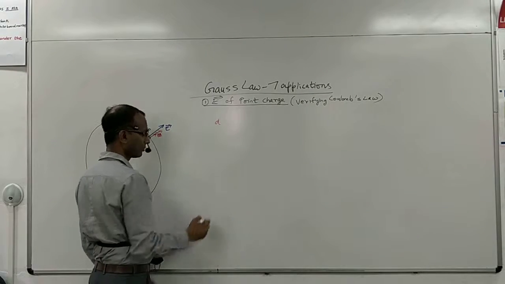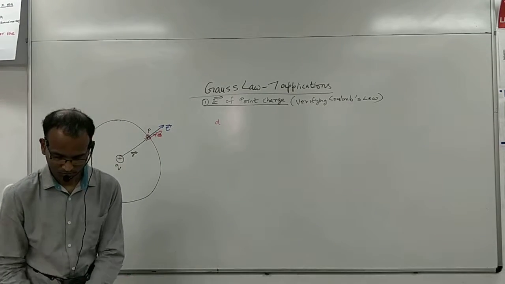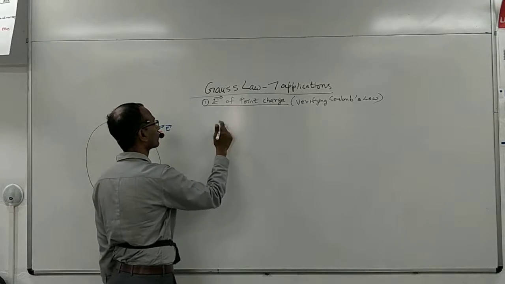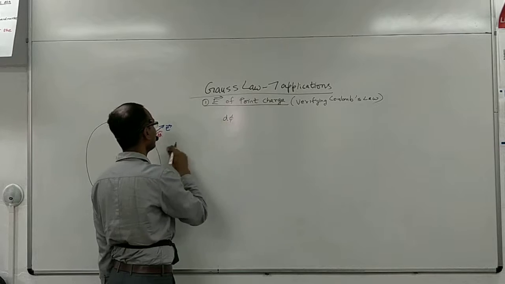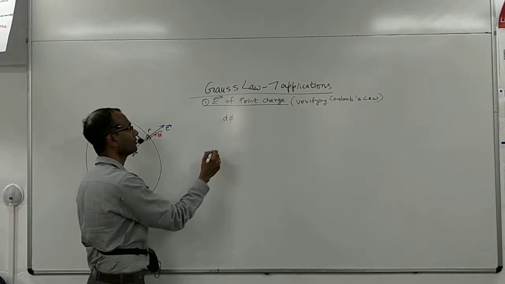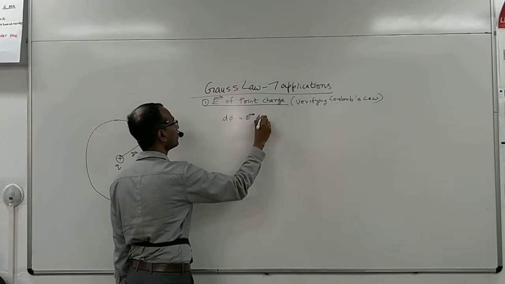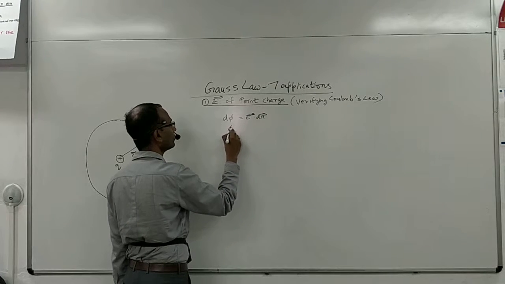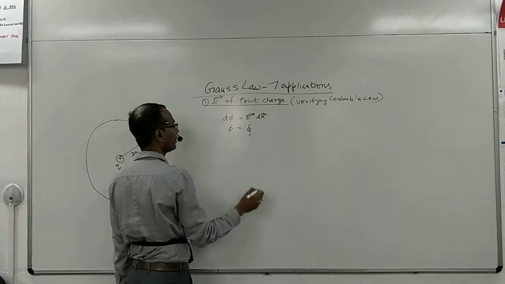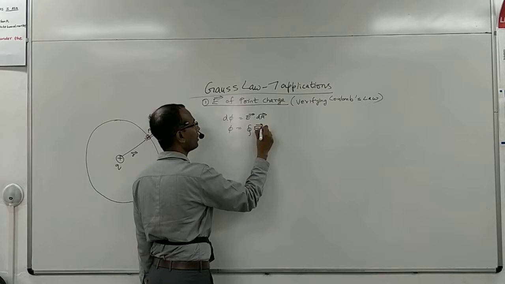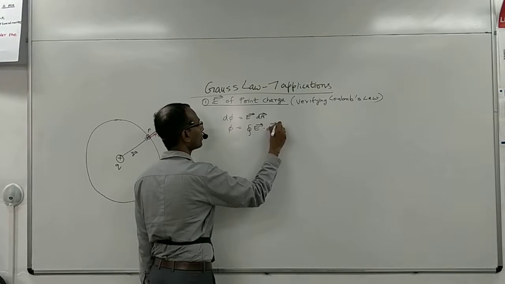d phi, the small flux passing through the small area element dA is given by E dot dA. So the total flux is given by the integral over the entire surface of E dot dA.